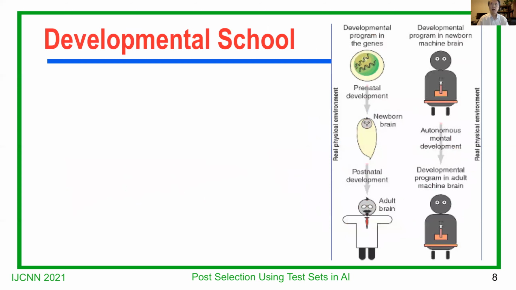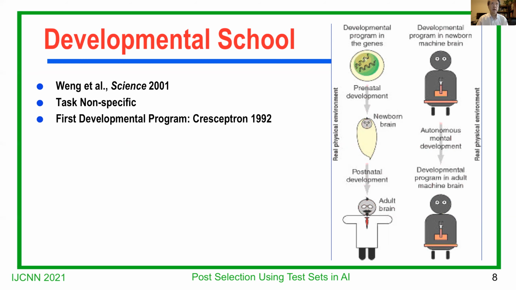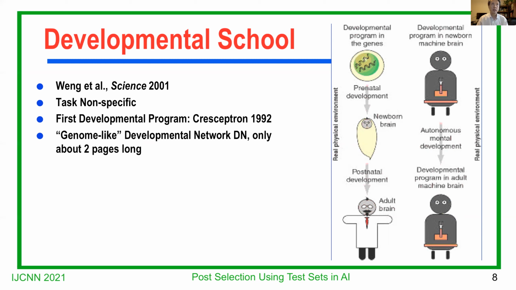The Developmental School, on the other hand, starts from a paper in Science that I co-authored with six other authors, and it is task-nonspecific. The first developmental program seems to be Cresceptron in 1992, but it does not deal with time. Like the Developmental Network later on, it is very concise. The total algorithm is about two pages long.